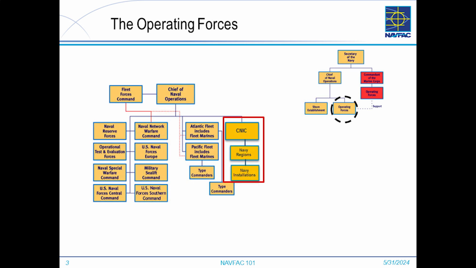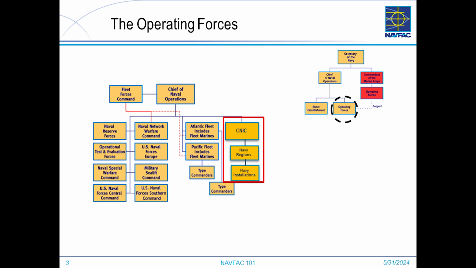If you look to the upper right, we see an inset of the diagram we saw on the prior slide, where you see the Secretary of Navy, then Chief of Naval Operations, and then CNO broken out into two further branches. The first branch we're going to concentrate on is operating forces, and that's where we see CNIC in the center of the slide.